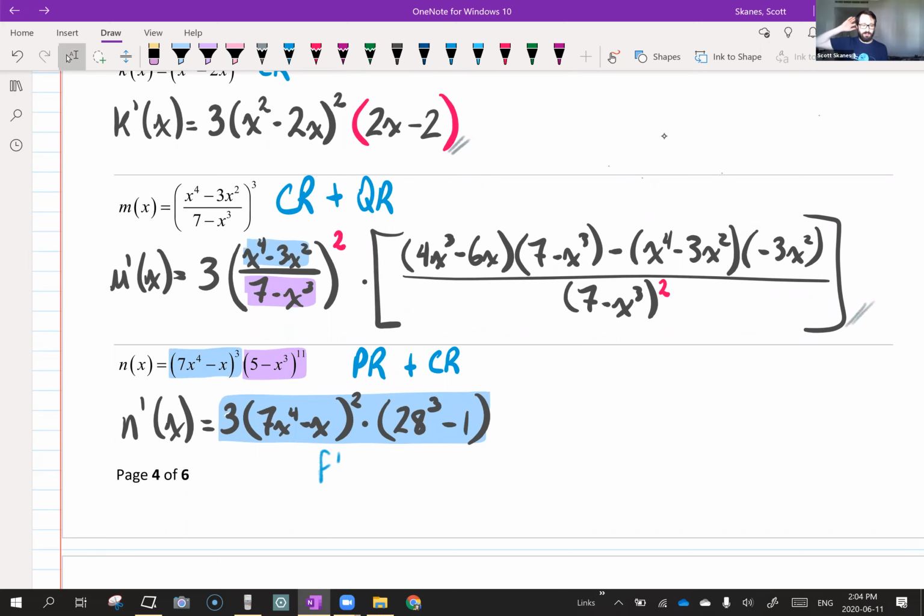So Mohammed, you forgot the -1 because it's minus x. And remember, that's a 1x. The derivative of x is 1, not 0. So the derivative of 7x^4 is 28x to the power of 3. The derivative of negative x is -1.